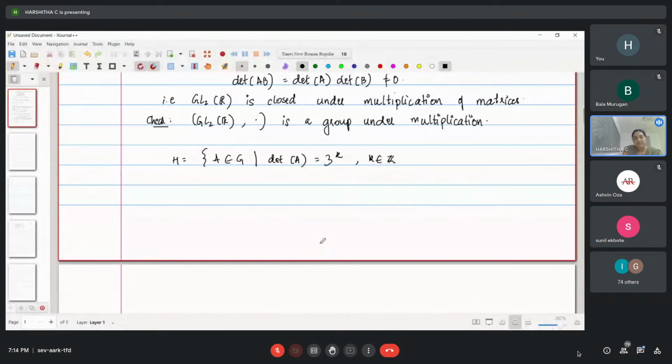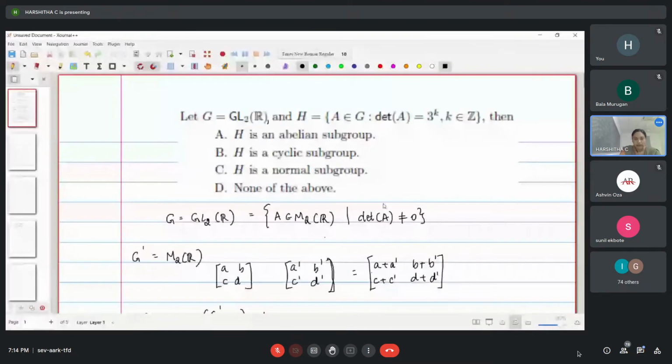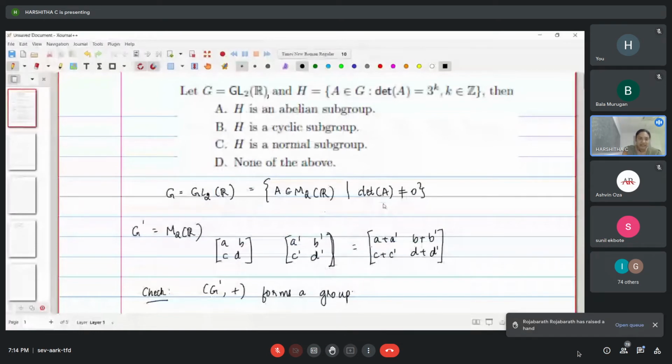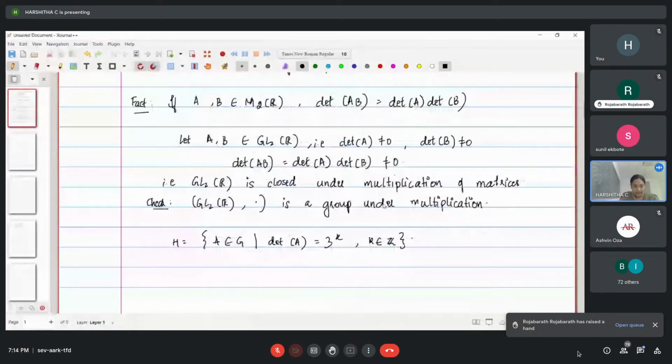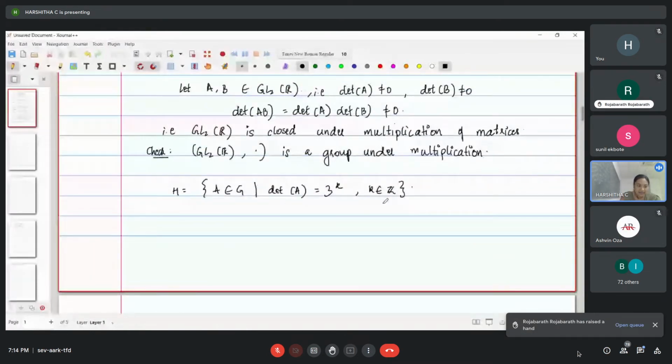So the question is: is this a subgroup? Is this a normal subgroup? Is this a cyclic subgroup, abelian, and so on? Before checking the other conditions, let us just see if it is a subgroup itself.